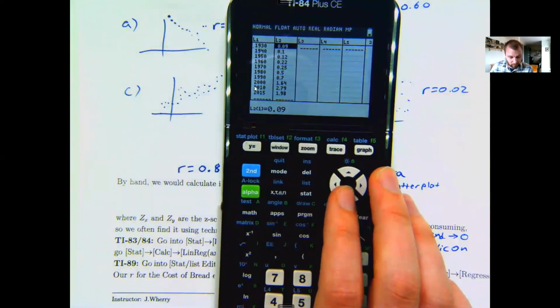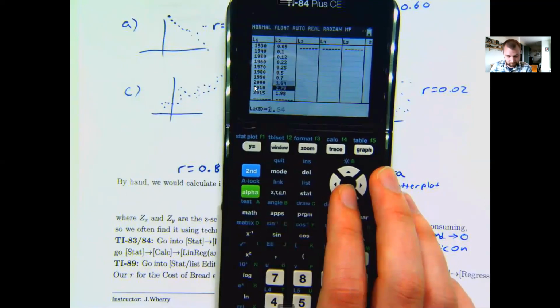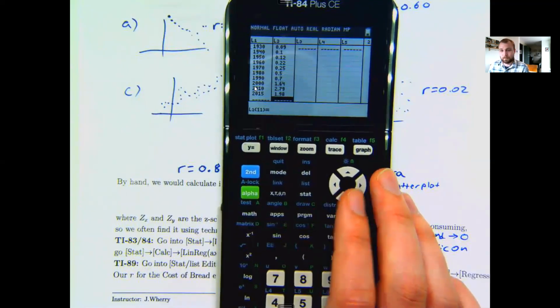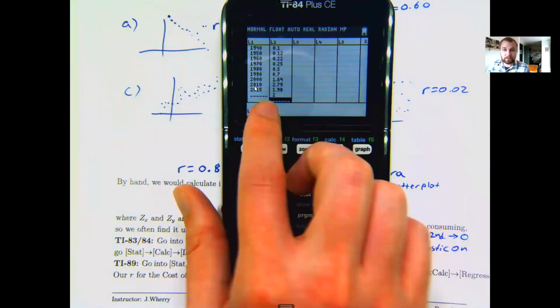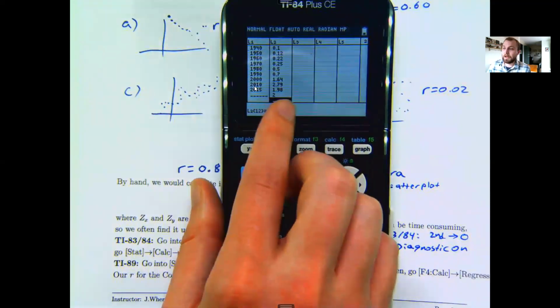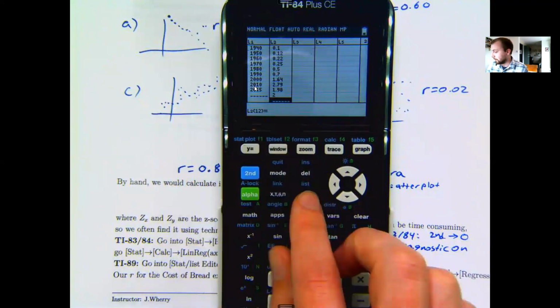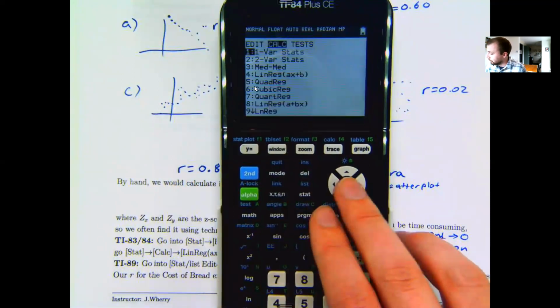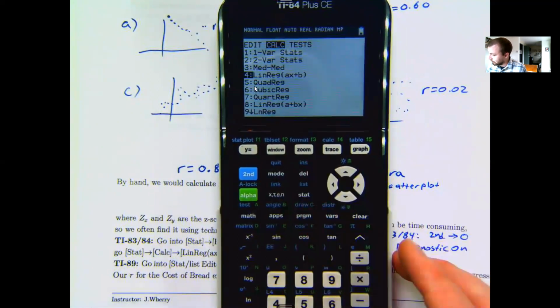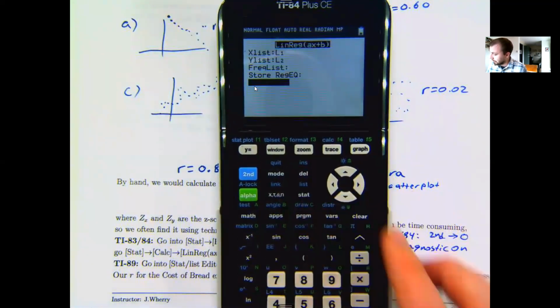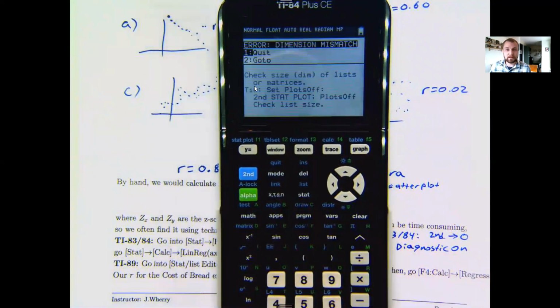So going into my data set here, for this value, I'm just going to type in an extra number. I wanted you to see what happens if you have too many x values or too many y values. Now, when I try to do my linear regression, ax plus b, and I try to calculate it, it says error, dimension mismatch.